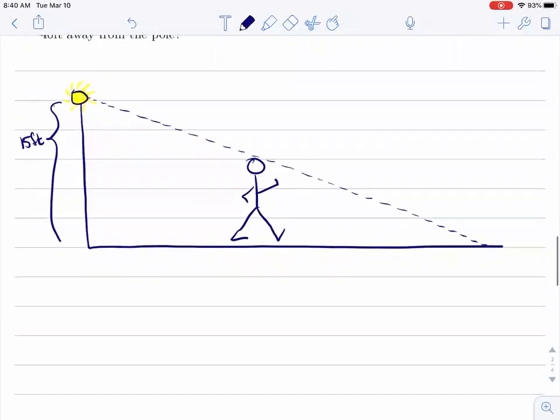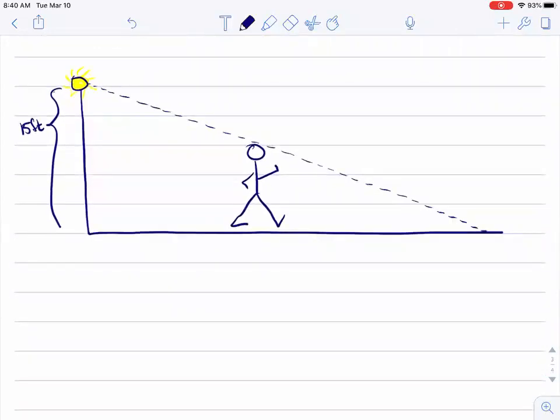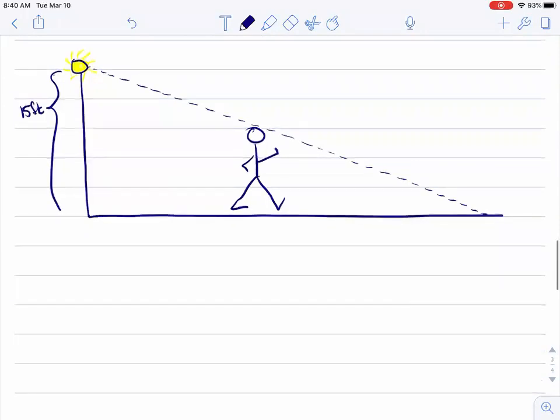Let's map it out and see what happens. Anyway, one thing that we are going to use quite a bit are similar triangles, right?